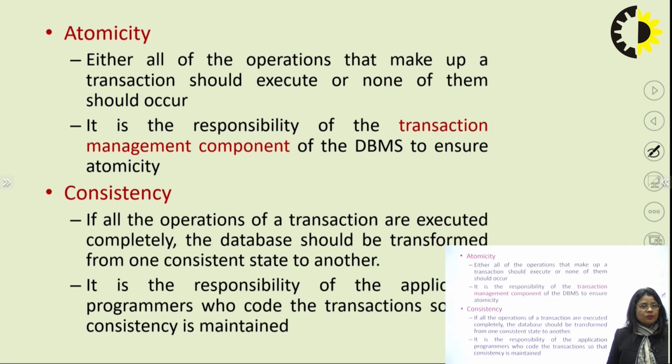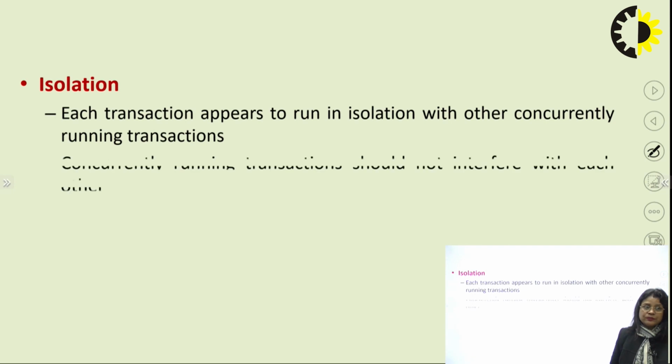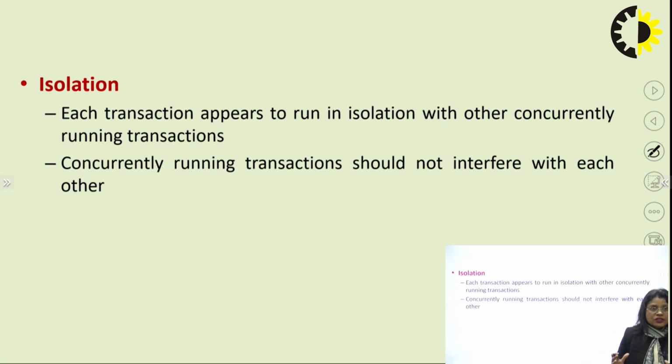The transaction management component. Listen carefully. The other property is consistency. Who is responsible for maintaining consistency? The programmer who codes the transactions. Now the next property is isolation. Each transaction appears to run in isolation from other concurrently running transactions.